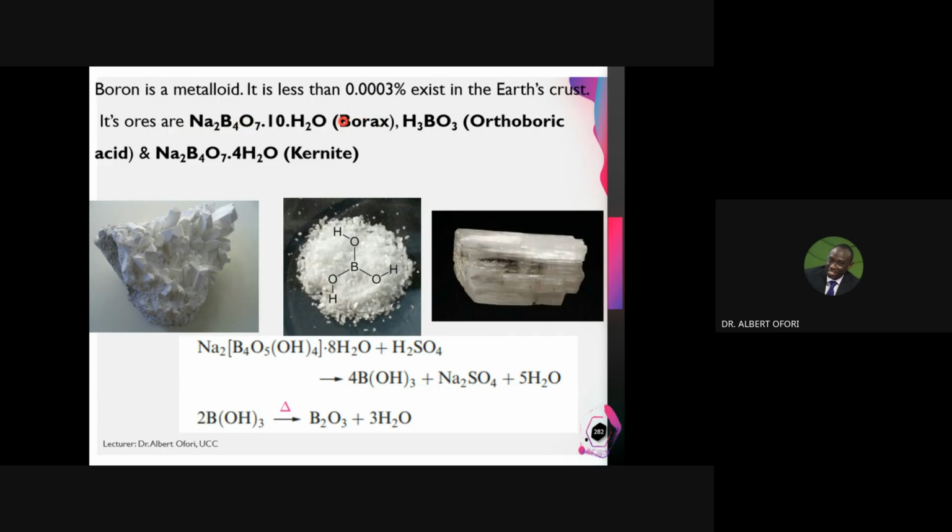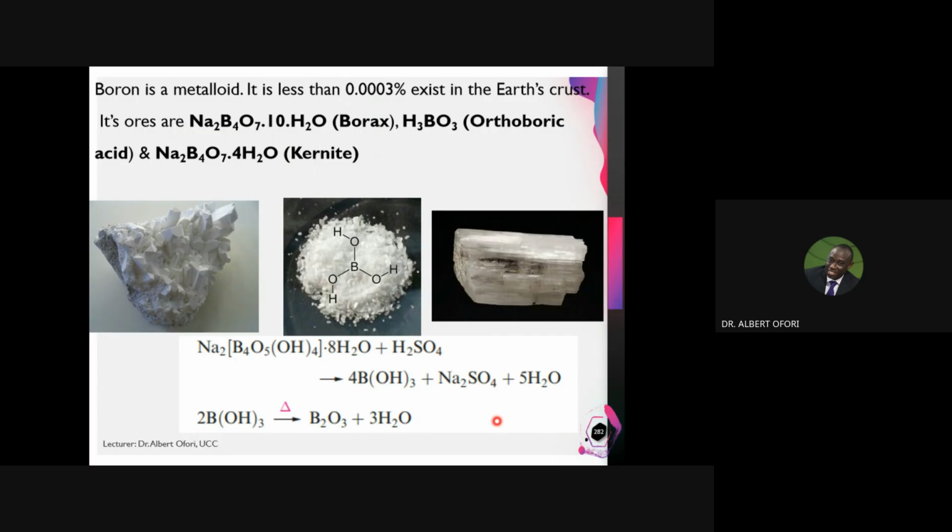We can also have orthoboric acid, which is also an ore. Then kernite is more or less a double of this. Depending on the hydration, kernite is different from borite. That's how it exists in these forms.